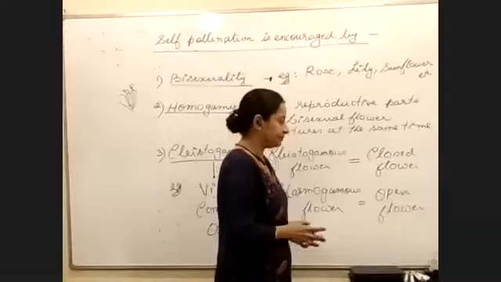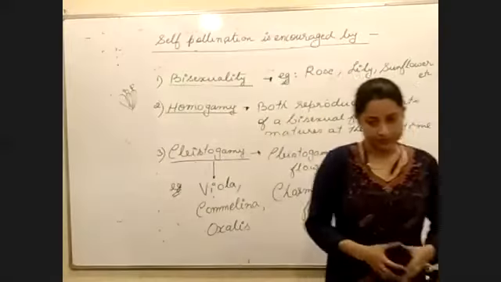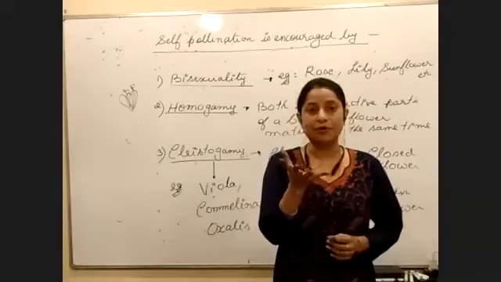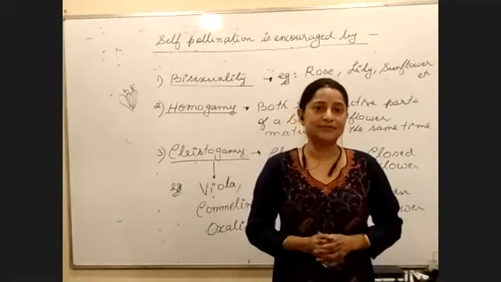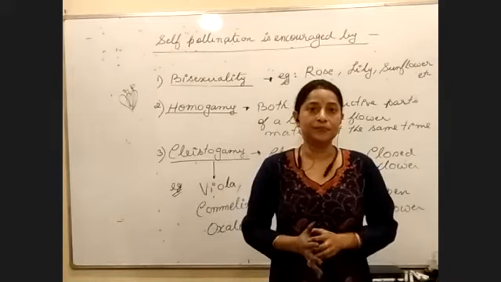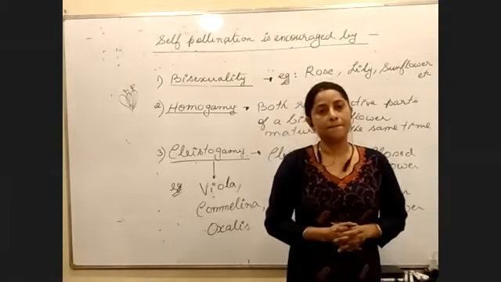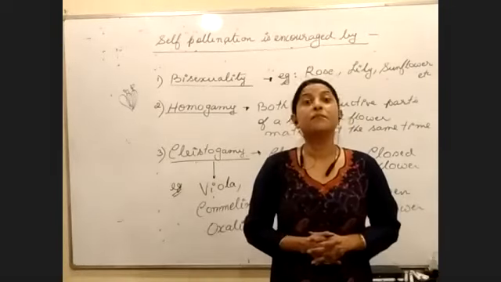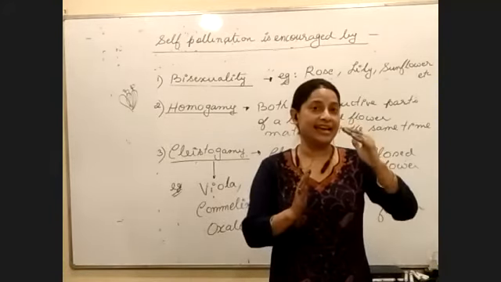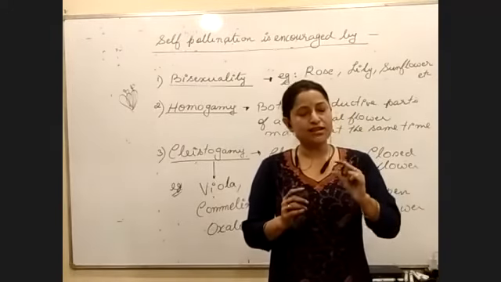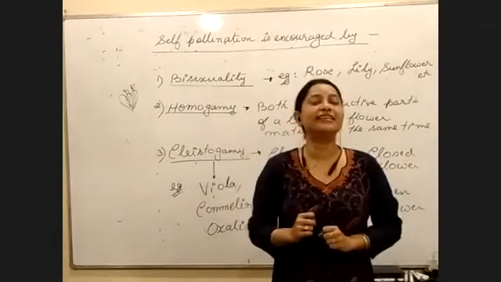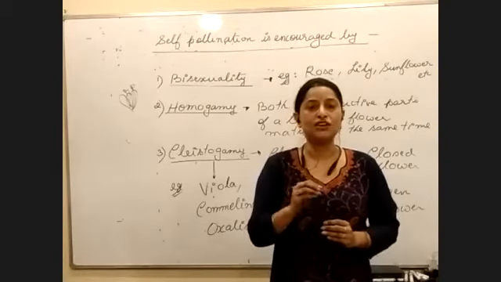Any more questions? Madam, in homogamy the pollen has to go from the anther to the stigma, so how will it happen? Won't the anther fall? When it bursts, the pollen grains will come out and fall somewhere. Ma'am, the anther must be taller than the stigma? Yeah, we'll be coming to that point also. Self pollination happens if there is proper height. If the anther is very low and the stigma very high, self pollination becomes difficult and it has to be cross pollination, because the pollen grains will not reach the stigma.